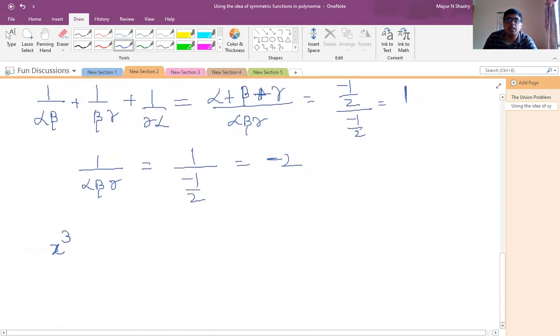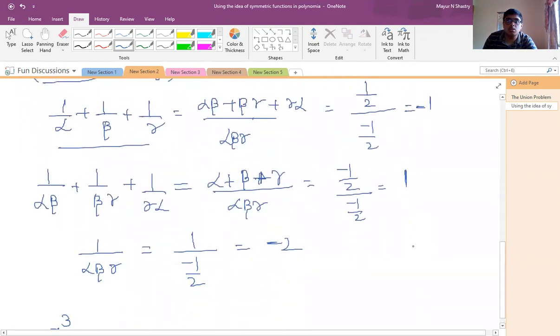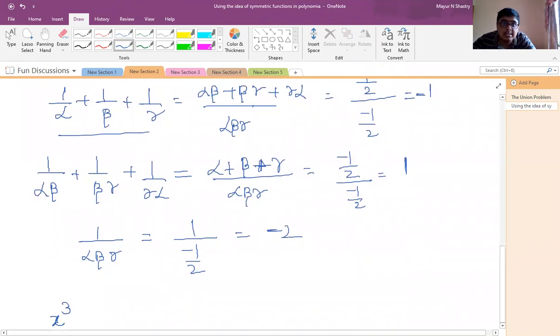So now it becomes x cube plus x square. A plus because when we use Vieta's relations, it's minus b by a. And now this is just a 1 because it's c by a. Now negative of negative 2, that's plus 2 because it's minus d by a in Vieta's relations. So this is the polynomial with roots 1 by alpha, 1 by beta, and 1 by gamma.